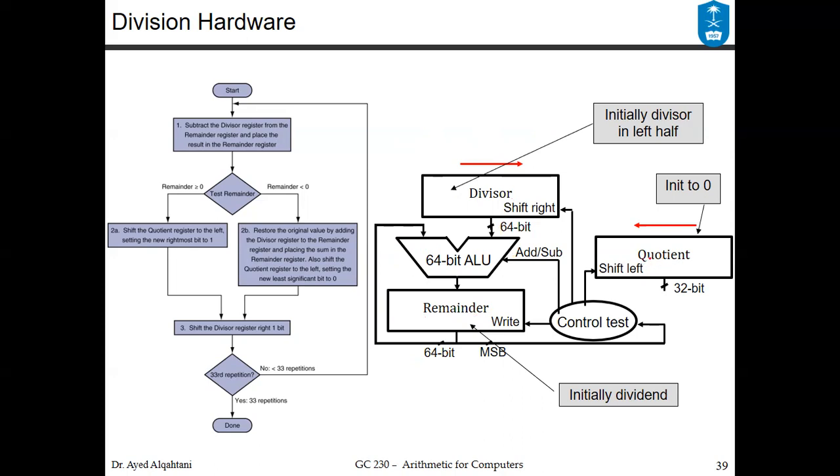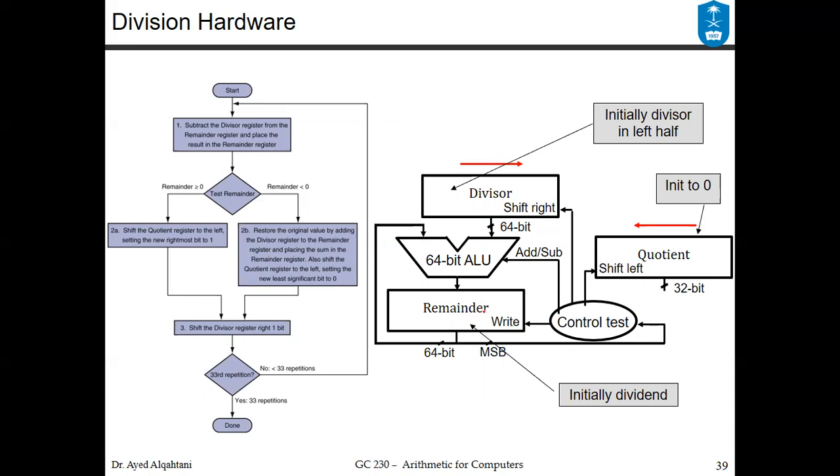notice that we shift in the opposite directions. And here in the output of the quotient, previously in the multiplication, you see what is the least significant bit, and based on it, it goes to the control to check what operation we should do.